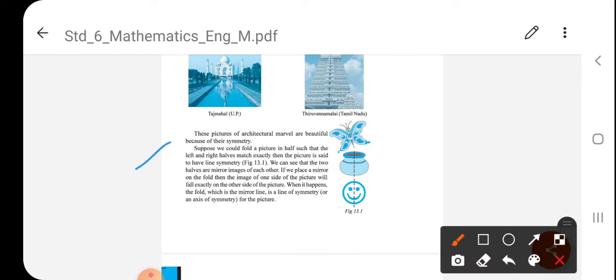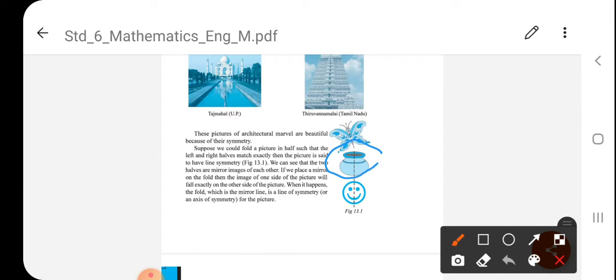Now suppose we could fold a picture in half such that the left and right halves match exactly, then the picture is said to have a line symmetry. What is the meaning of this line symmetry? When you fold a picture in half in such a way that both the parts, left and right, match exactly each other, then that picture is said to have a line symmetry.